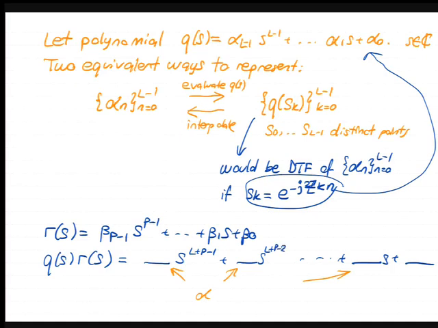Be precise. Oh, yeah, you're totally right. Yes, thank you. This is 2, you're saying, right? Of course, because that's degree L plus P minus 2. That means I need L plus P minus 1 coefficients for it, right? Because there's the 0th power.